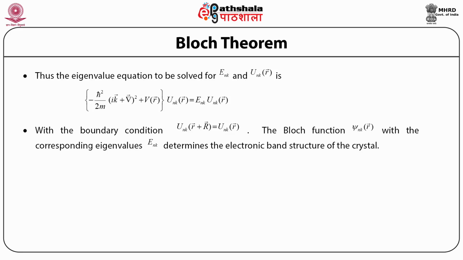The Bloch function psi_nk(r) with the corresponding eigenvalue E_nk then determines the electronic band structure of the crystal.